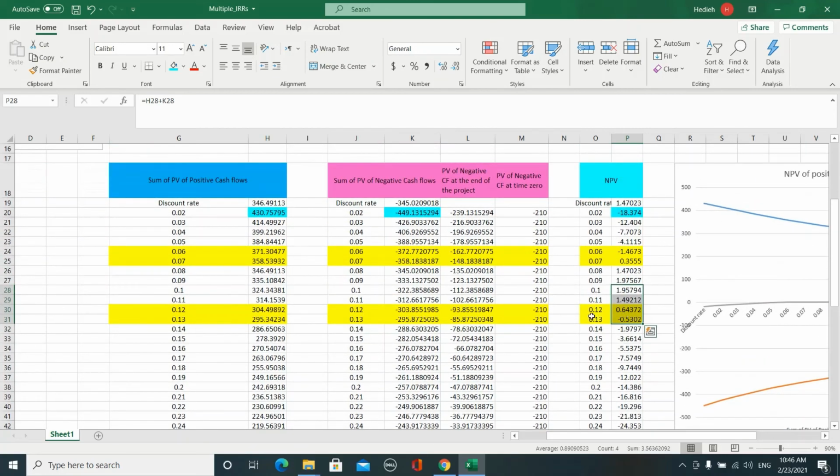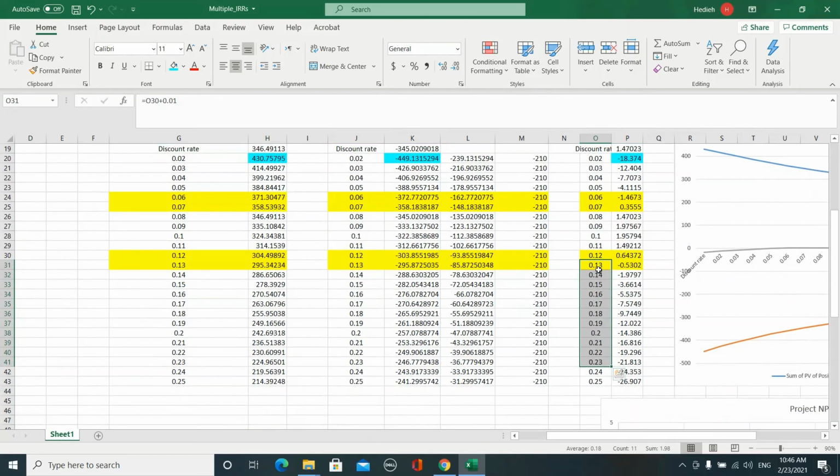After that, when you increase the interest rate, you observe that as the interest rate increases more and more above 13%, NPV becomes more and more negative. Why? Because the present value of positive cash flows becomes just too small that it cannot make NPV positive.